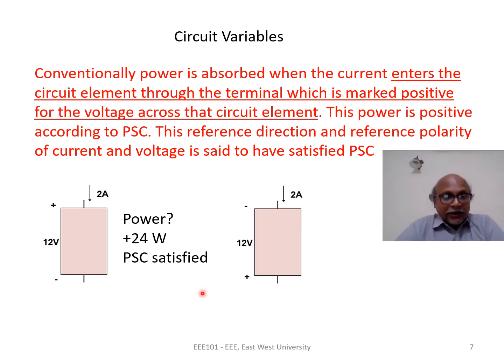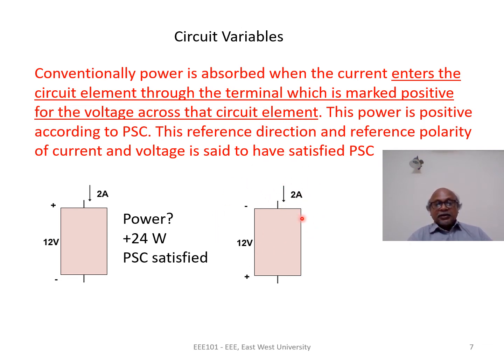Now let's look at an alternate possibility. The current remains the same, but we have a voltage 12 volt across the circuit element where plus is on the bottom and minus is on the top. In this case, the current is entering the circuit element through minus of the voltage.